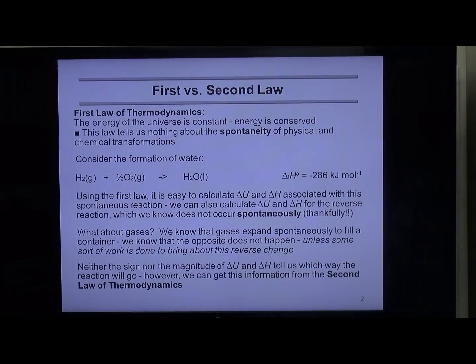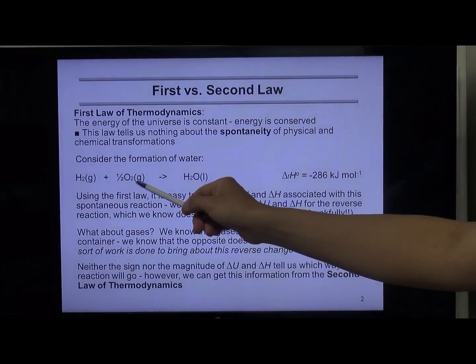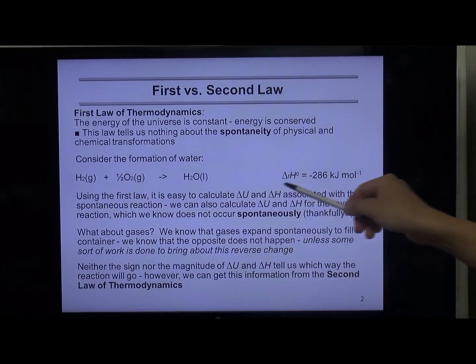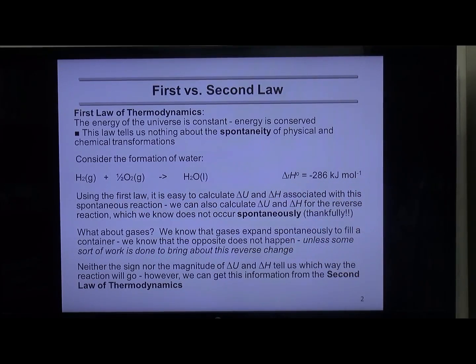For example, let's consider the formation of water, the reaction of hydrogen and oxygen to water. Based on our knowledge up to chapter 2, we know how to calculate the standard reaction enthalpy. And if you do that, we get minus 286 kilojoule per mole.